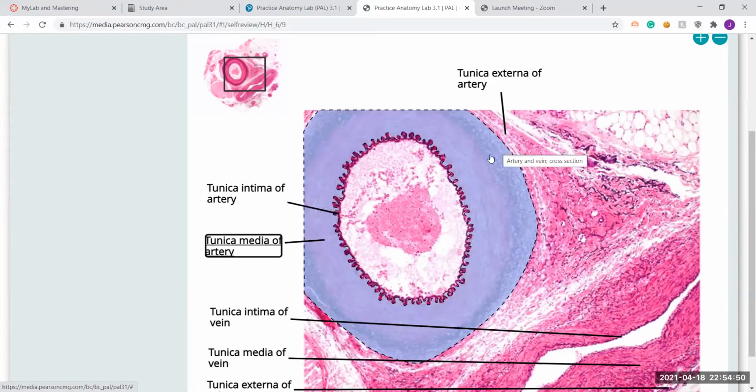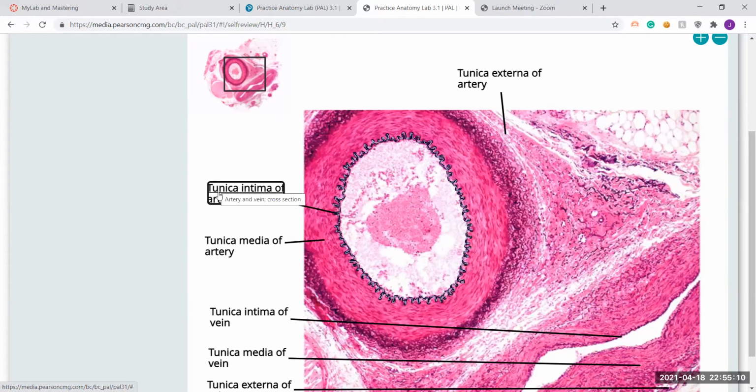The middle layer is tunica media, which is made up of smooth muscle. That's why this is the layer which is controlled by the autonomic nervous system. That's why your artery can increase or decrease in size based on when your heart contracts or relaxes. Tunica intima is the simple squamous epithelium. It is made up of epithelial tissue.